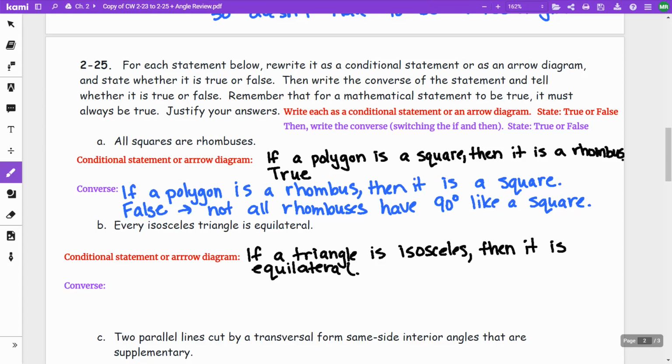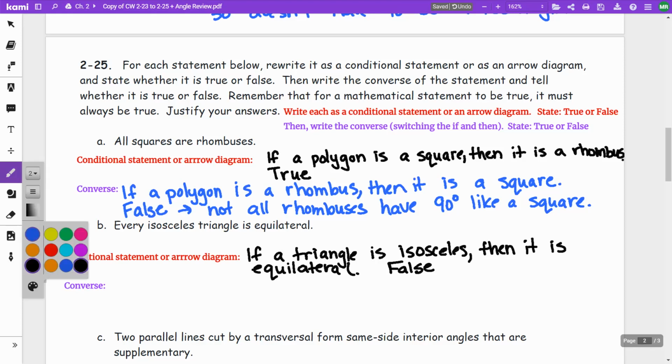An isosceles triangle has two equal sides, where an equilateral has to have three equal sides. So just because a triangle has two equal sides does not imply that it's going to have all three. So this is going to be false.